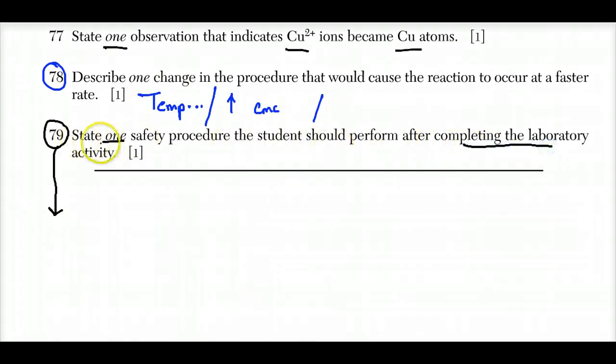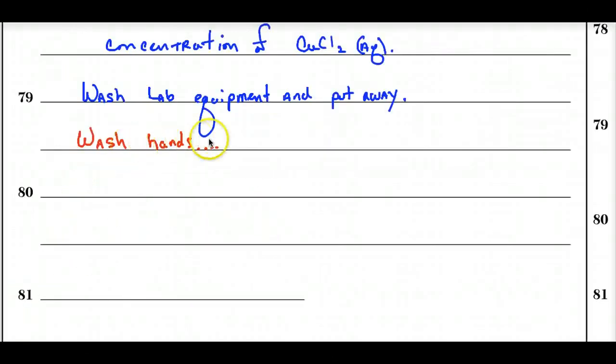So wearing goggles I can't accept. So you have to read carefully. Cleaning the equipment, putting it away, disposing of any chemicals, those kinds of things. Number 79. So I said wash lab equipment, put away, wash hands, okay. Many different things you could say here, as long as it has something safety related, but you had to pay attention. It's after the reaction is done.